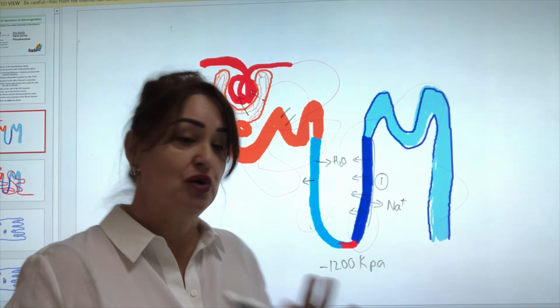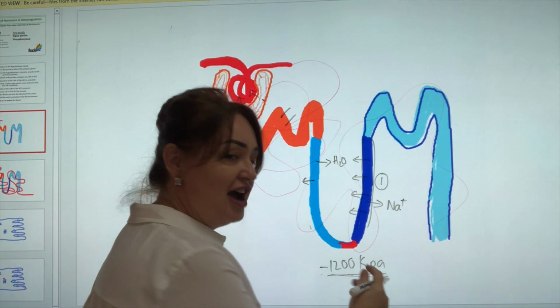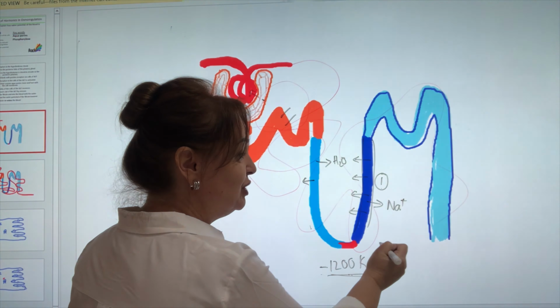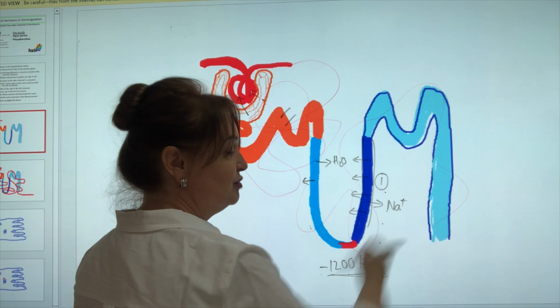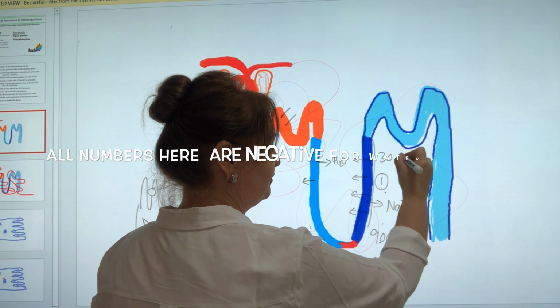So before we move forward, let's just have a little think about what will happen here. This signifies really high solutes and really low water. So as we move up here, if we're moving sodium ions out, this is going to start decreasing.